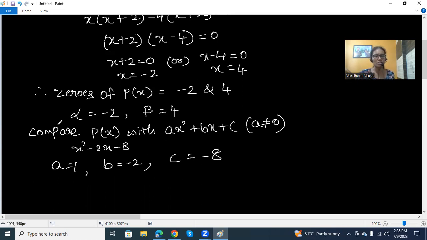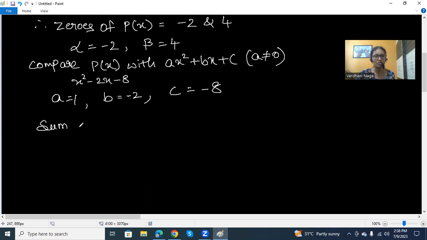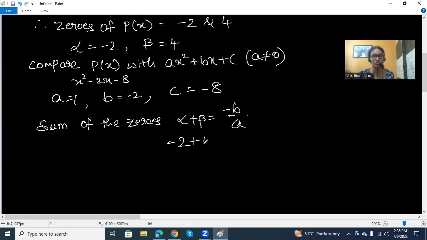Okay. We know the sum of the zeros. Sum of the zeros formula. Sum of the zeros of a quadratic polynomial is alpha plus beta. And we have the relation minus b by a. Alpha plus beta means what did we get as the zeros? -2 plus beta value is 4 is equal to minus b by a.